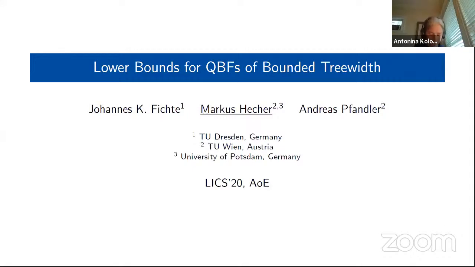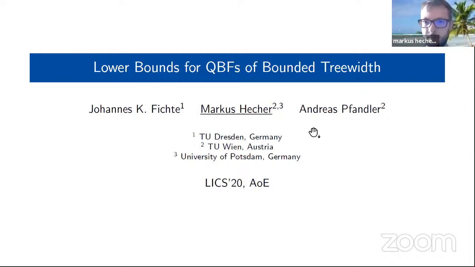Okay, so I will quickly pitch our work on lower bounds for quantified Boolean formulas of bounded treewidth, which is joint work with Johannes Fichte from TU Dresden and a colleague of mine, Andreas Pfandler from TU Wien. We established a complete picture of lower bounds for so-called quantified Boolean formulas, which are like propositional formulas, but we can have alternating universal and existential quantifiers.